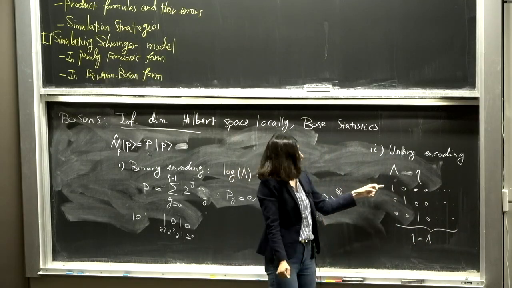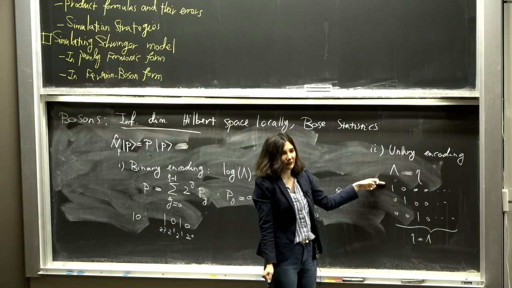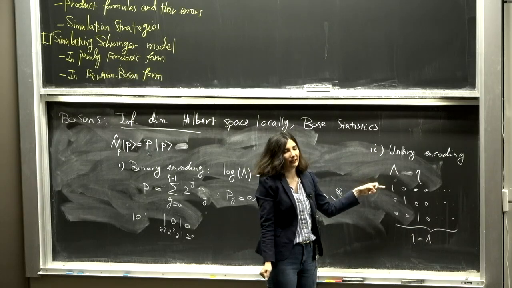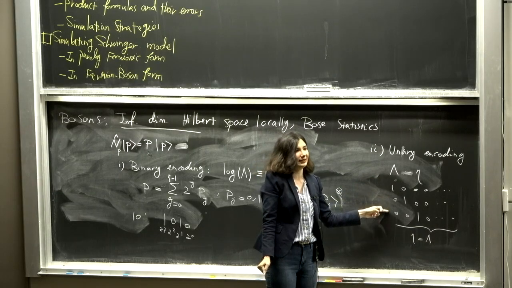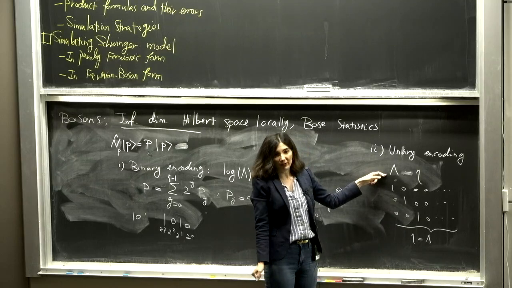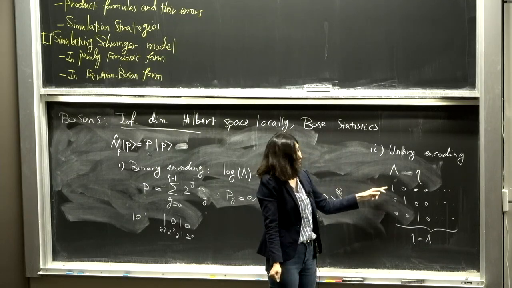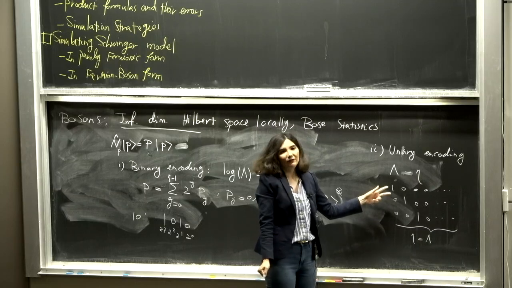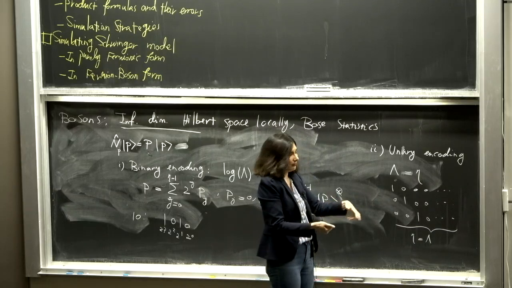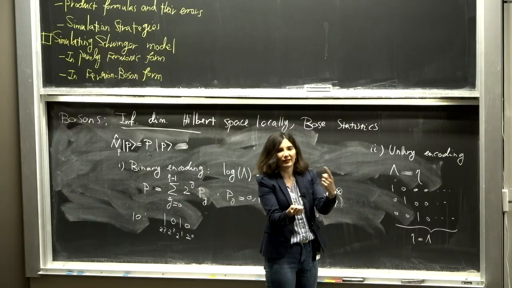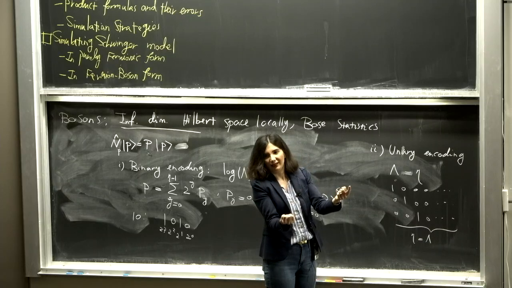Then you encode the first state of your bosons into this, and if you have 2 excitations, we encode it like this and this. So you need more qubits, in fact exponentially more compared to this. But on the other hand, it turned out that if, for example, you have nearest neighbor bosonic operations, because a lot of times we just excite and de-excite the bosons by 1, not more.